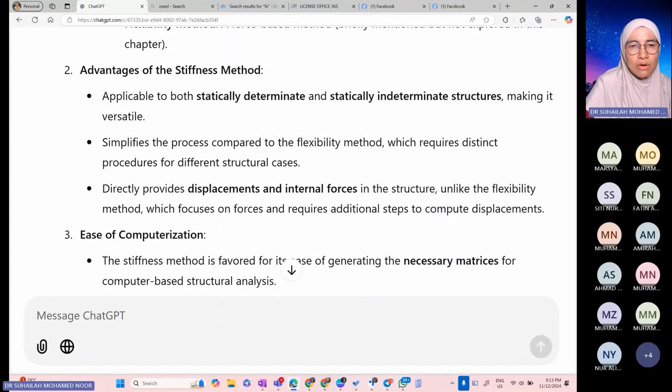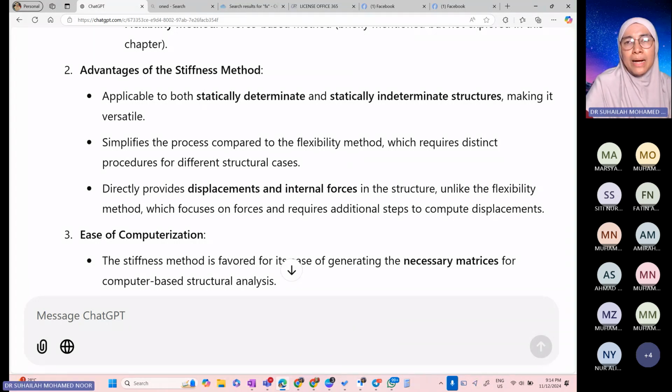Okay, advantages of the stiffness method. Number one, stiffness method can be used to analyze both statically determinate and indeterminate. But flexibility, we only use flexibility to analyze indeterminate structures. Sebab apa?